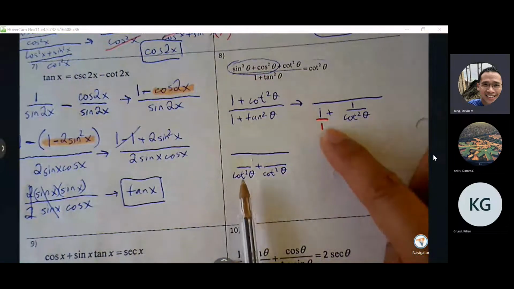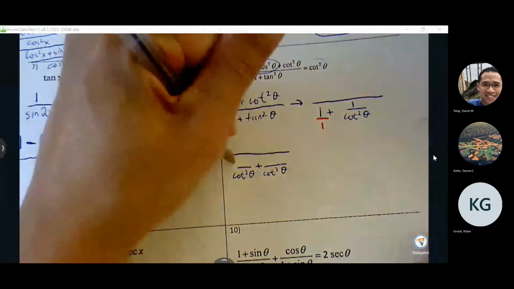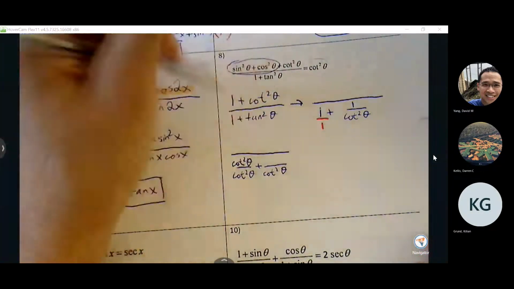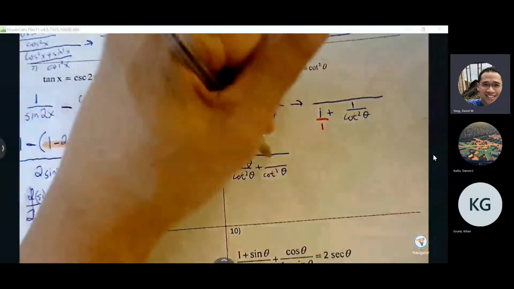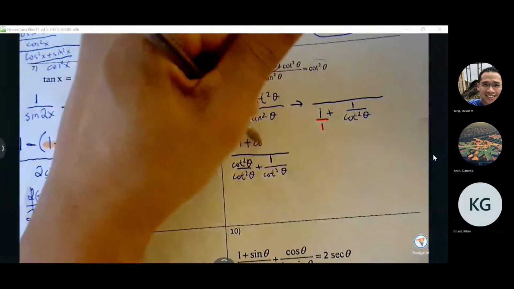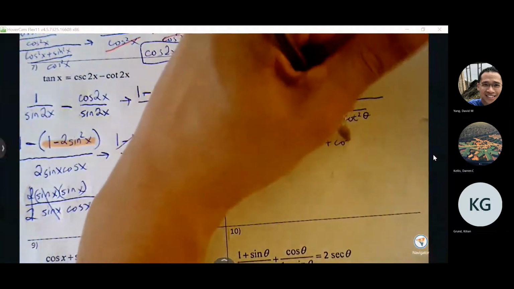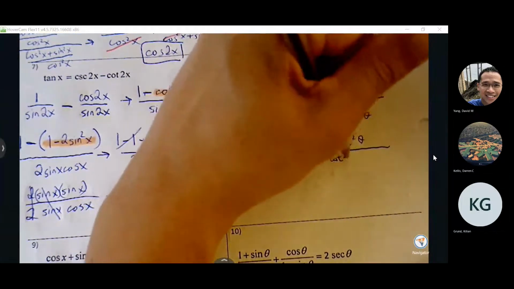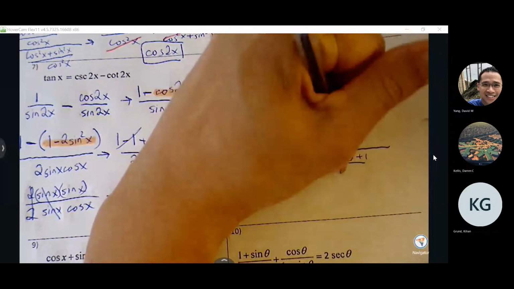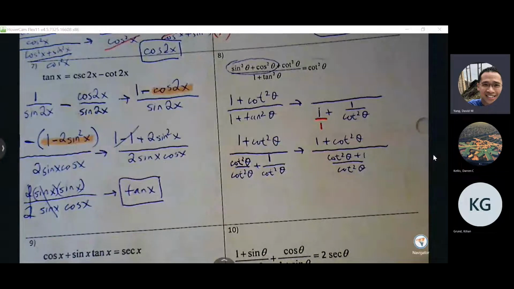So I want to balance the fractions here. The 1 is missing the cotangent squared, so I need to multiply the top by cotangent squared. The second fraction is already showing cotangent squared, so I just bring that 1 down. Okay, so numerator divided by denominator is the same thing as numerator times the reciprocal of the denominator.